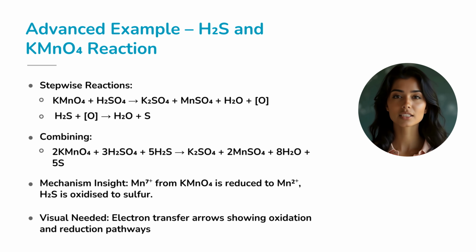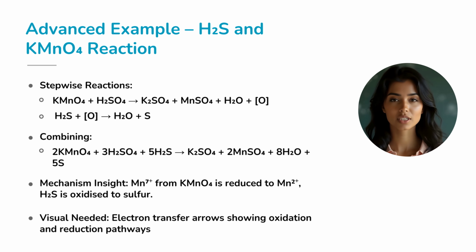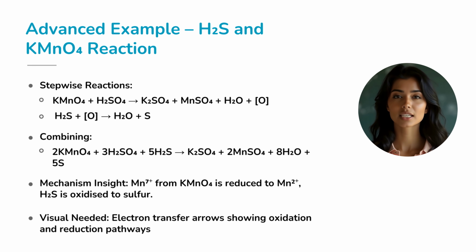Hydrogen sulfide reacts with nascent oxygen: 5 H₂S plus 5 O gives 5 H₂O plus 5S. Now we combine both steps and cancel the oxygen. Final balanced equation: 2KMnO₄ plus 3 H₂SO4 plus 5 H₂S gives K2SO4 plus 2 MnSO4 plus 8 H₂O plus 5S. This type of reaction is used in qualitative inorganic analysis, especially to detect sulfide ions, which form yellow sulfur deposits.